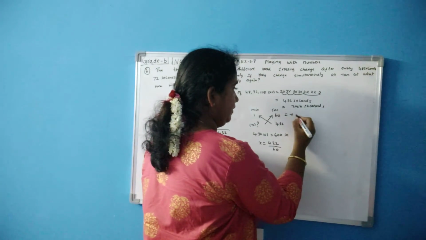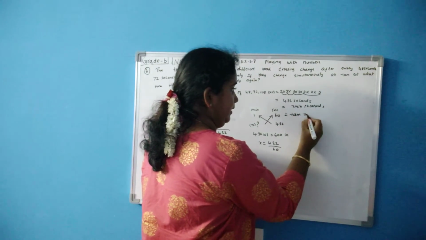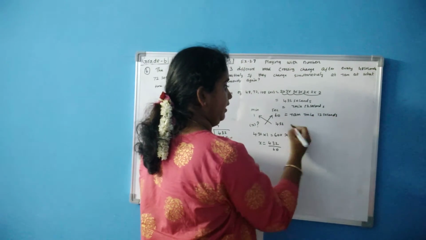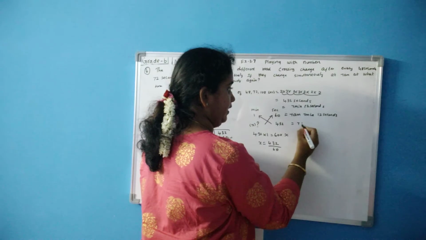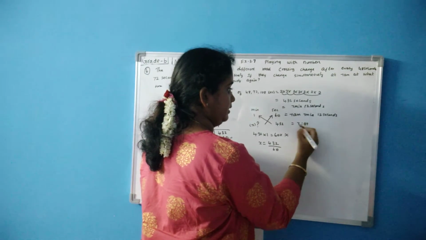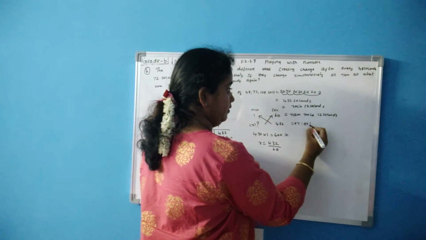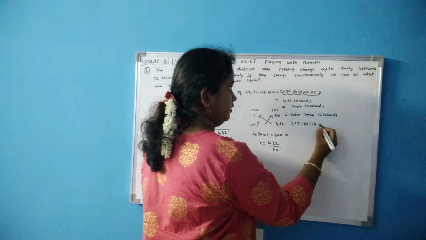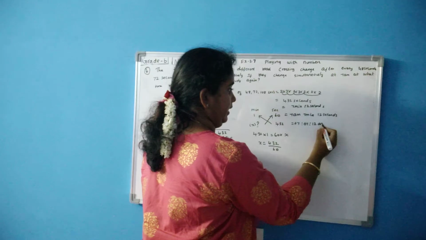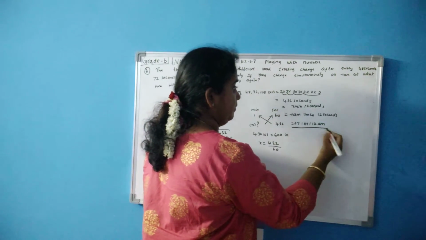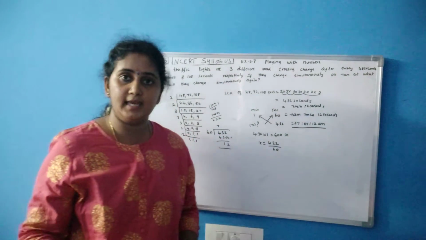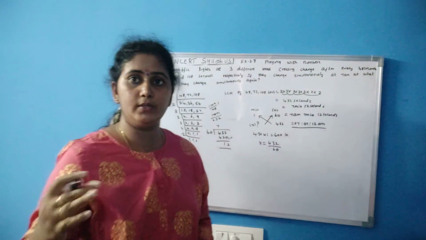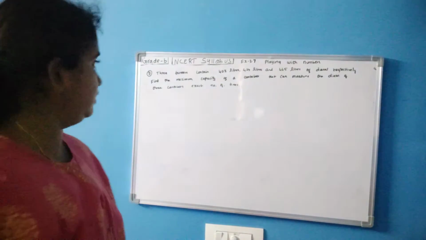So how will we write? 7 am, 7 minutes 12 seconds. Morning, right? So it is am. So at this time all the 3 signals will change again simultaneously. Did you understand? Now we will move on to the next sum. So this is your next sum.